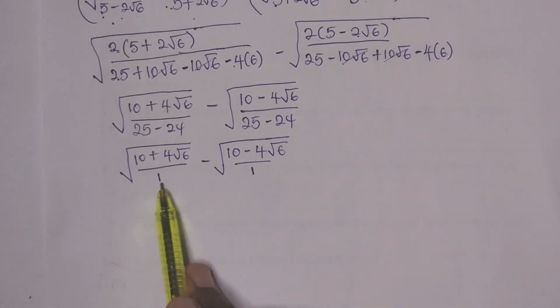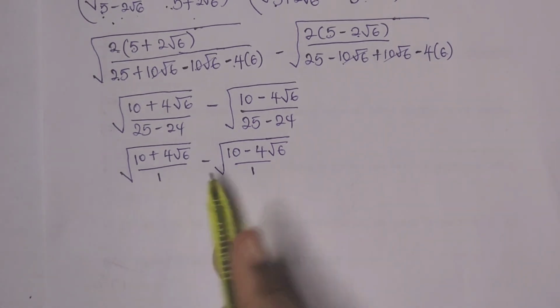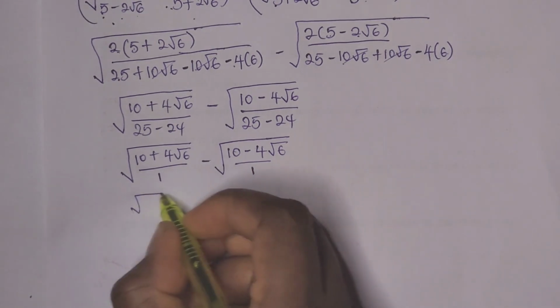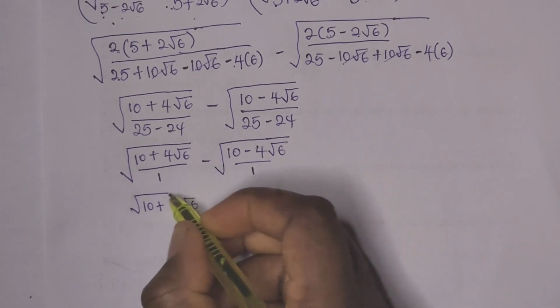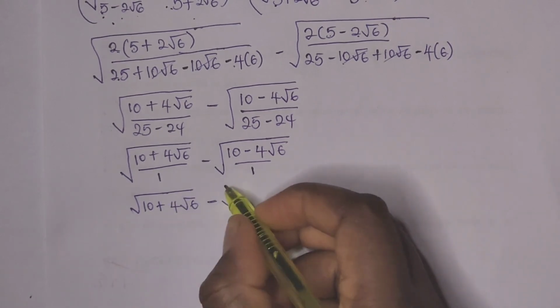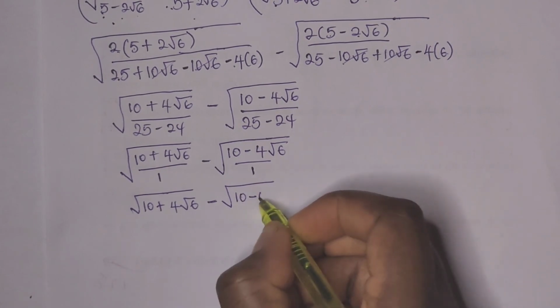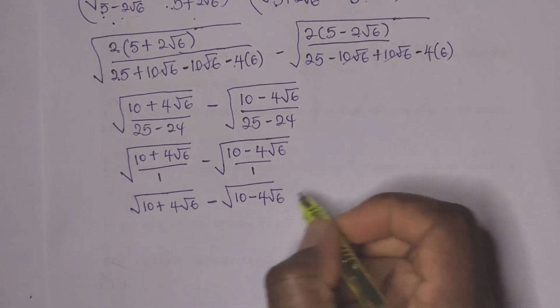So any number divided by 1 is the number itself. So this will then become the square root of 10 plus 4 root 6 minus the square root of 10 minus 4 root 6.